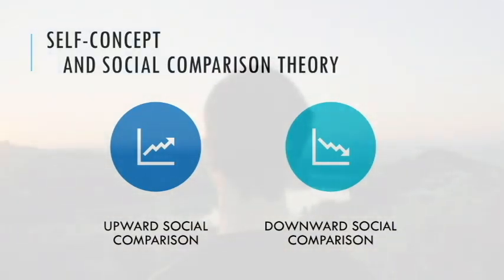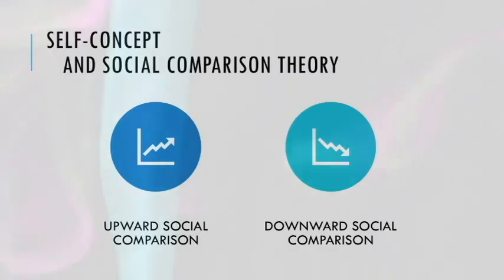It includes our self-schemas, which are the cognitive structures that guide the way we process information about ourselves. Self-concept encompasses various aspects of life, such as abilities and values and personality traits and social roles.